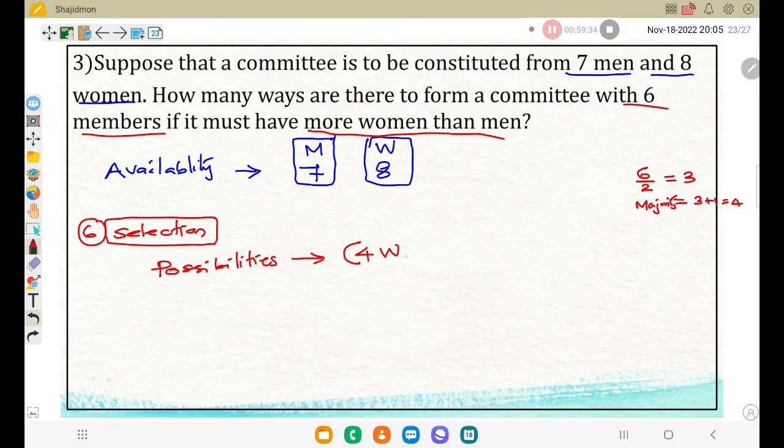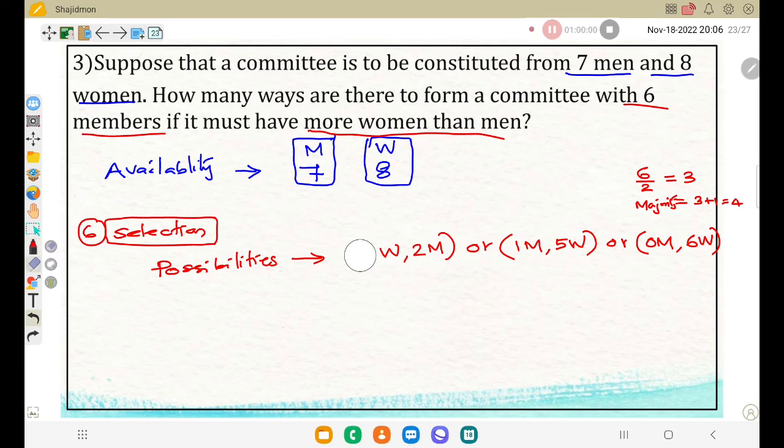So 4 women, then 2 men will be there. Or what is the other option? 1 man and 5 women will be there, correct? That is also possible. Otherwise, 0 men, it is not necessary that men should be there, majority women is the only requirement. So 0 men and 6 women, like this possibility also.